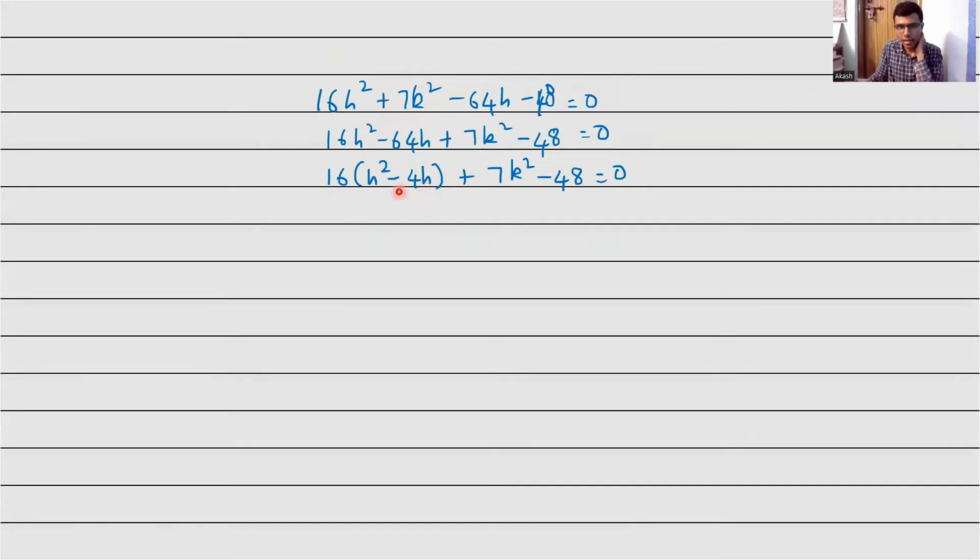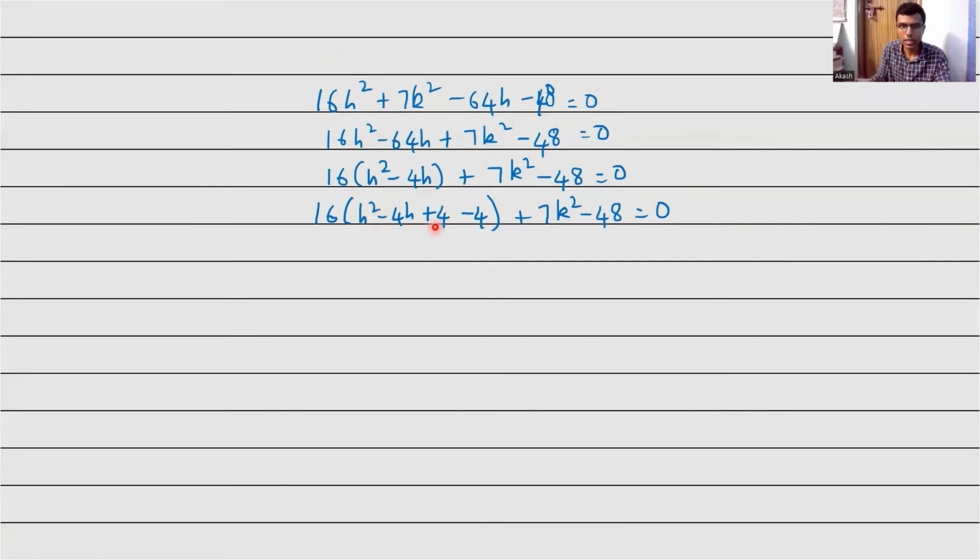Now, to make this term a perfect square, I'm going to add 4 and subtract 4 within this bracket. So I'd get 16 times h square minus 4h plus 4 minus 4, okay, and then plus 7k square minus 48 is equal to 0.